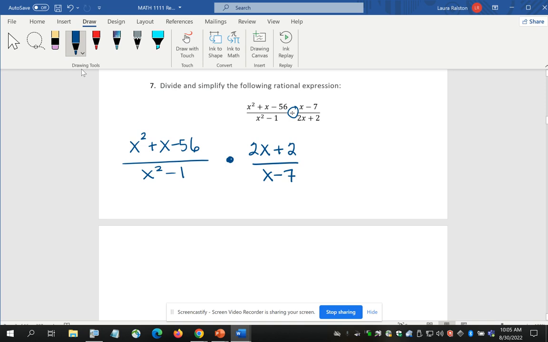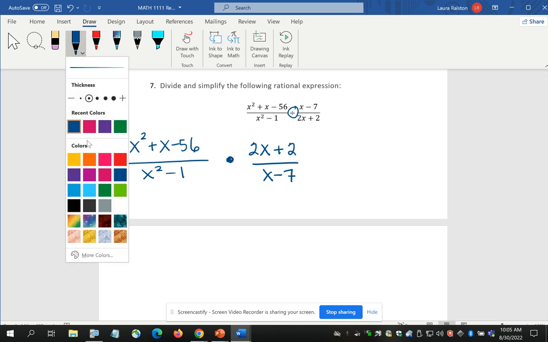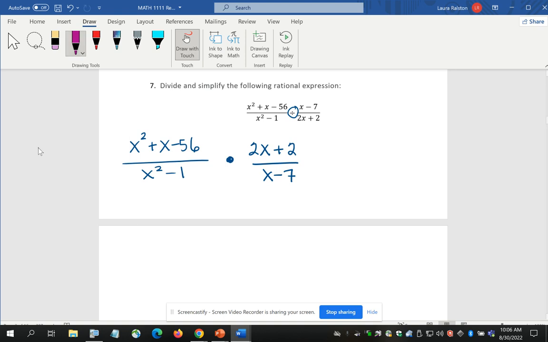And then to complete the division or simplification, we have to first factor everything. I need to factor all of these. I'm going to factor x squared plus x minus 56. I'm going to use trial and error. I need a pair of numbers that multiply to 56 but subtract to 1.